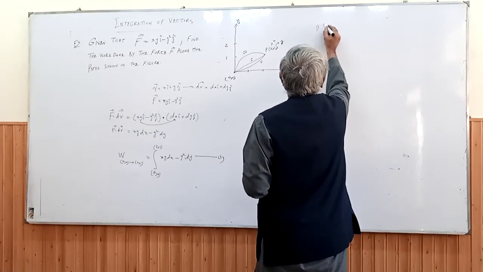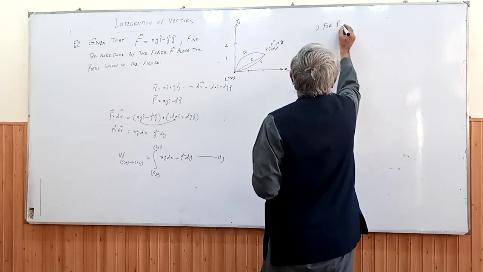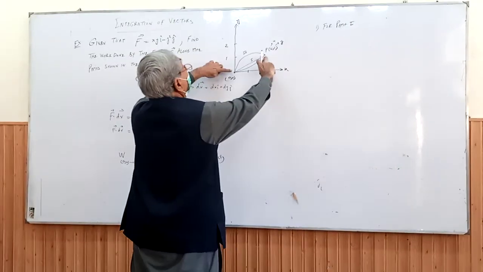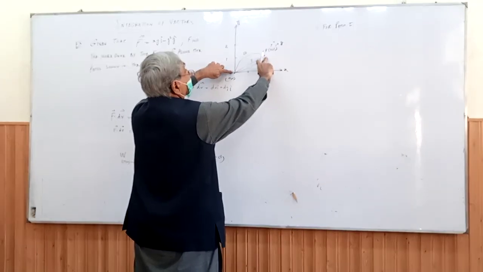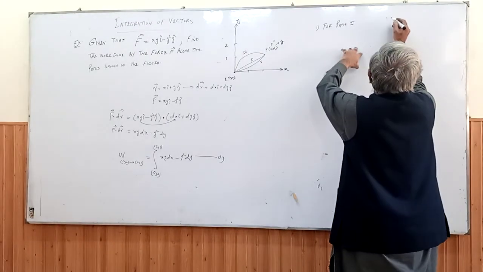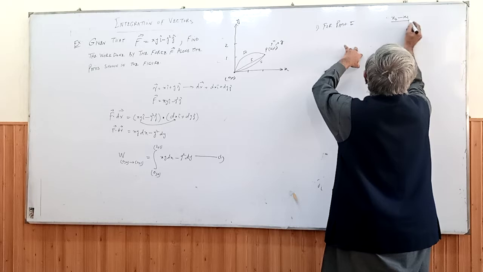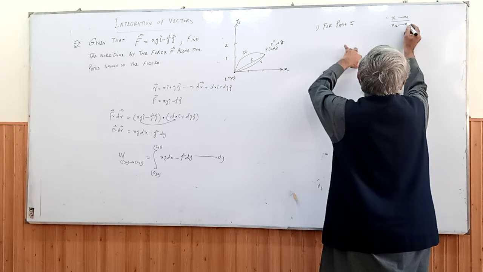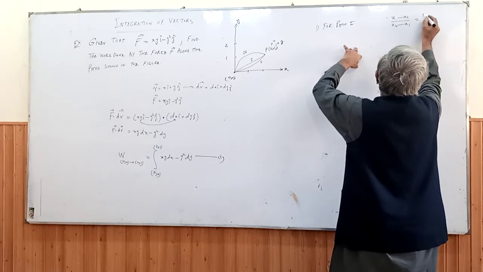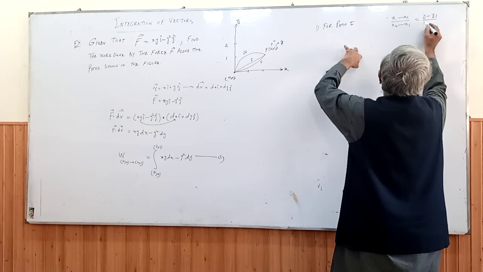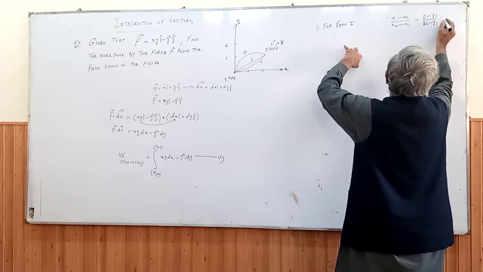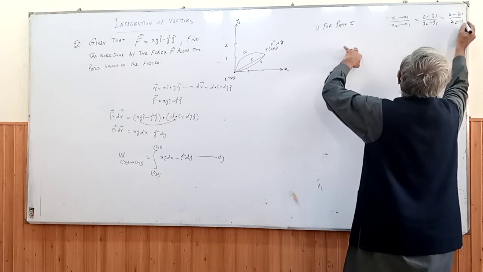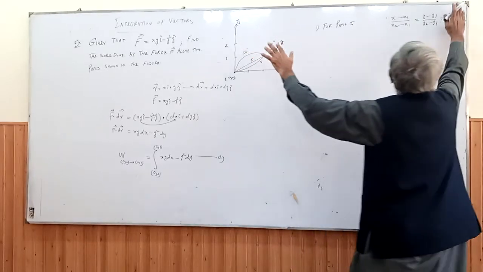For path 1, you have to know the equation of the line. You know the equation of the line is given by (x minus x1) over (x2 minus x1) is equal to (y minus y1) over (y2 minus y1) is equal to (z minus z1) over (z2 minus z1). That is one way of calculating. In 2 dimensions, the z part will disappear.